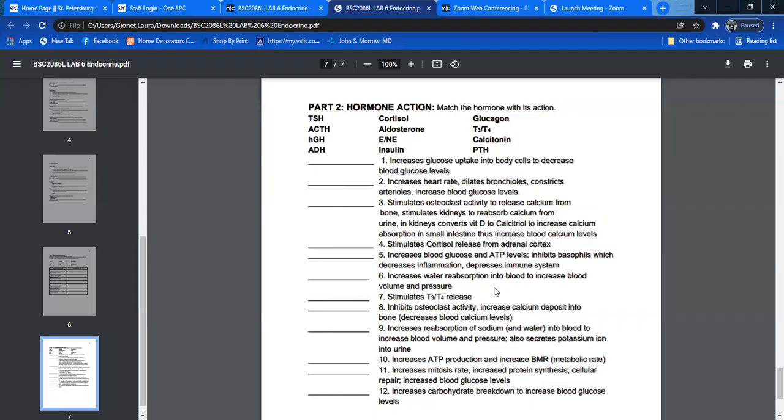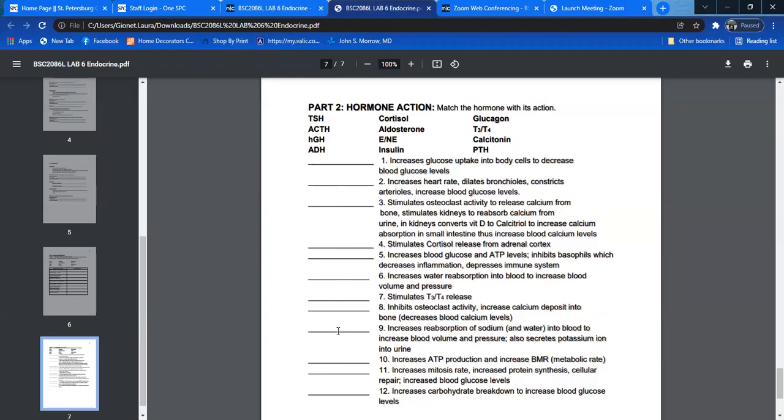7, stimulates T3, T4 release, thyroid stimulating hormone or TSH. 8, inhibits osteoclast activity, increases calcium deposition. So I'm decreasing the blood calcium levels, right? That would be calcitonin. 9, increases reabsorption of sodium and water into the blood to increase blood volume and blood pressure and secretes potassium.